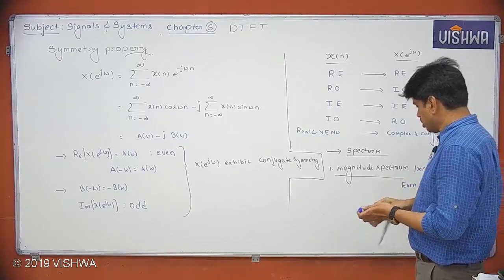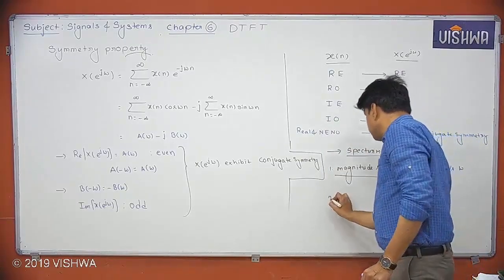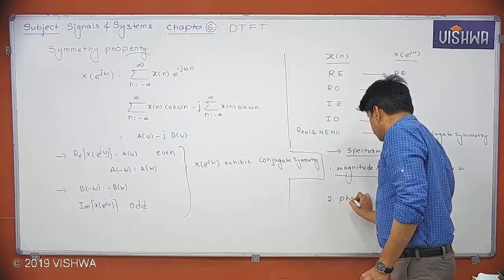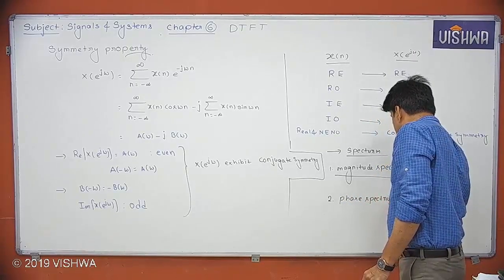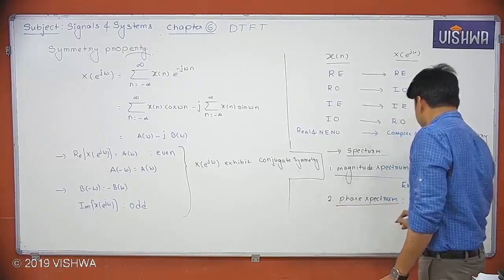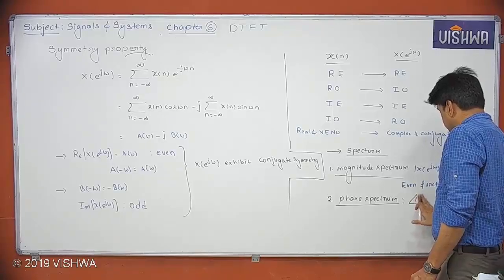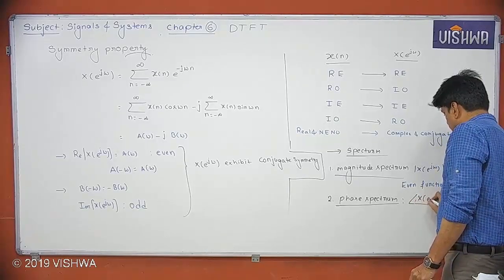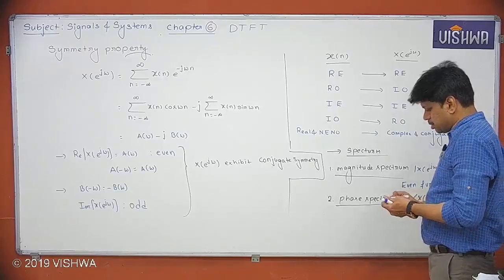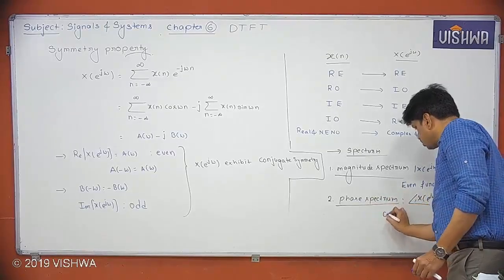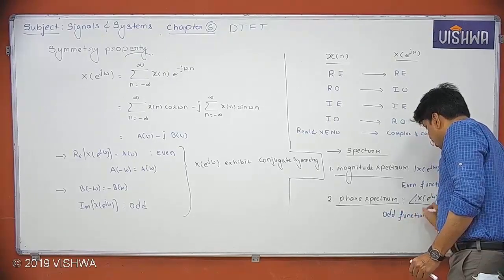Second is the phase spectrum, that is angle of X of e power j omega versus omega. This will exhibit an odd function.